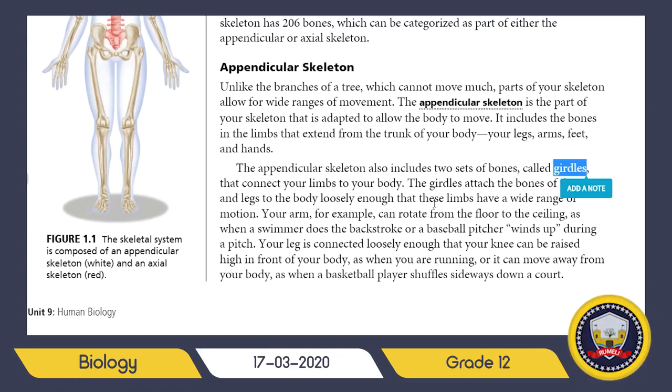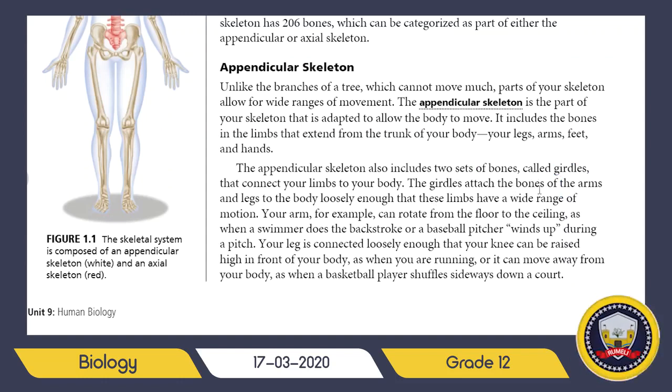The shoe tie itself, you can consider it a girdle, that connects the limbs of the shoe together to your body. The girdles attach the bones of the arms and legs to the body loosely enough that these limbs have a wide range of motion.